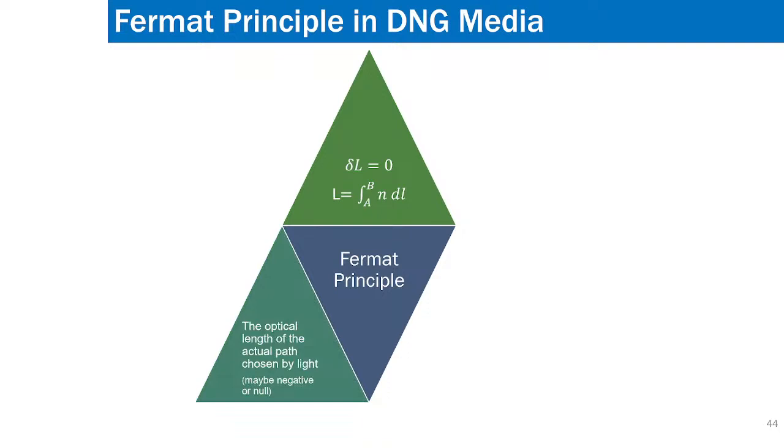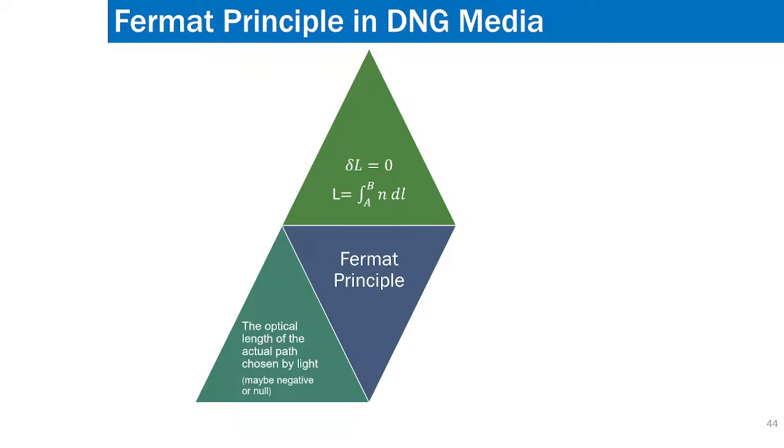Now, what does this equation say? If you properly look at its philosophy, it says that the optical length of the actual path chosen by the light is L. This can be negative or this can be 0. The optical length, not the physical length.